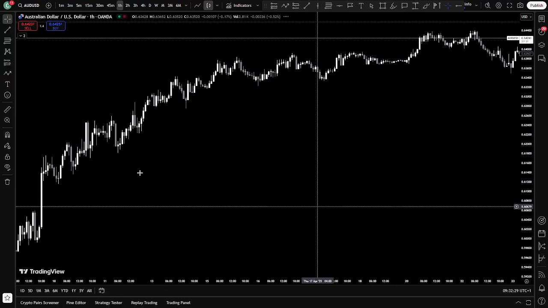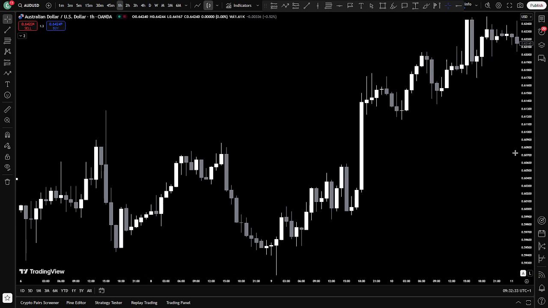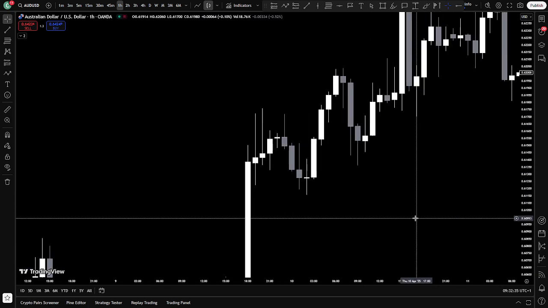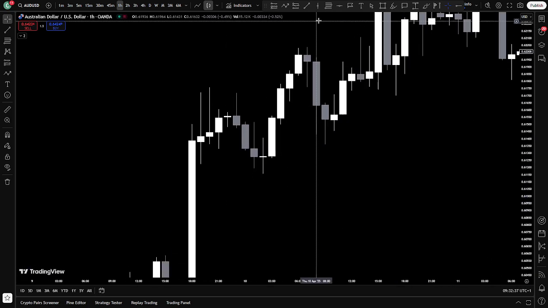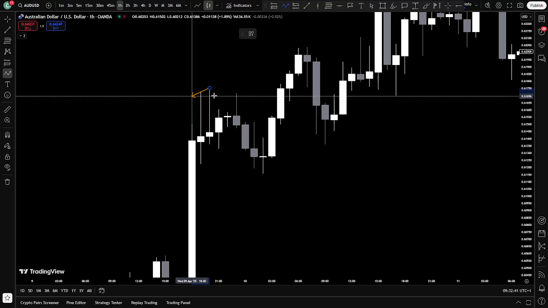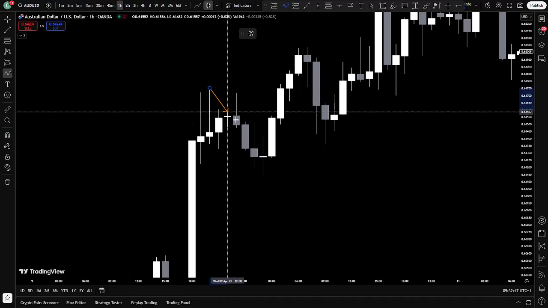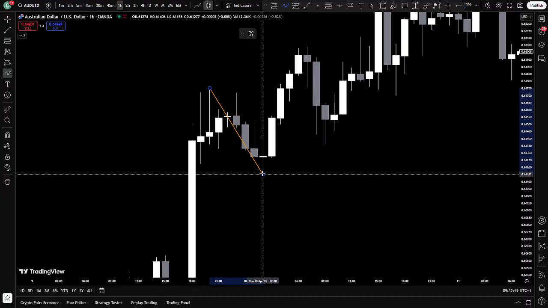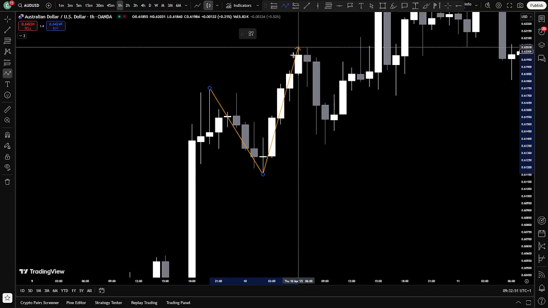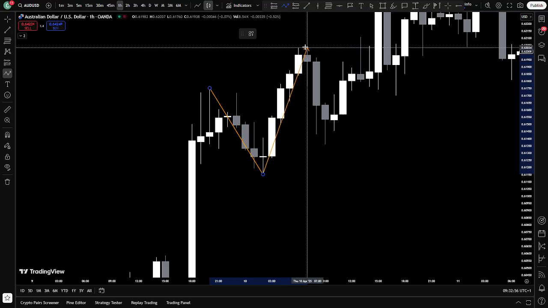As you can see, it doesn't matter if price is consolidating or trending, but the point is, when we see a high, see this high, that is climax, right? Then this low becomes origin, then price breaks that climax, making that climax now a prime, and then created a new climax.